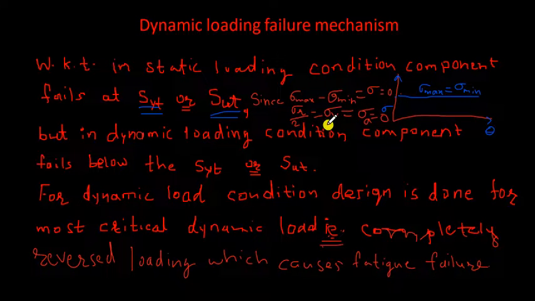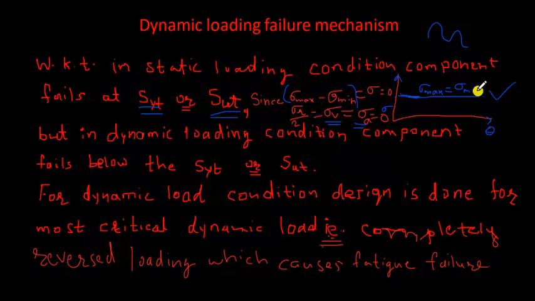We have seen that the variable stress, or stress amplitude, is sigma max minus sigma min divided by 2. In static loading condition there is no variation in the stress; it will be a straight line. In dynamic loading, the stress varies like this, but in static loading it is a straight line.